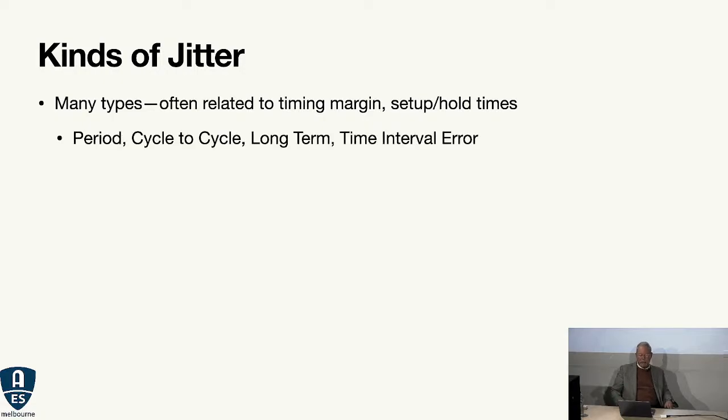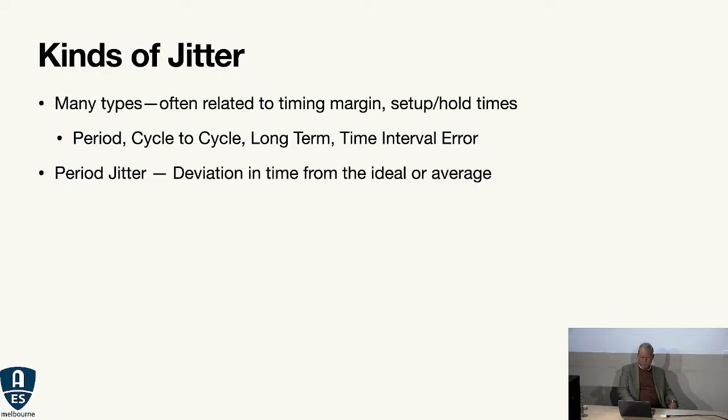So typical types that you'll see: period jitter, cycle to cycle, long-term jitter, time interval error. Everybody seems to have one. They're all very similar. A lot of them are variations on how you measure it or what it's referenced against. The one that is pretty typical is period jitter, which is a deviation in time from either an ideal or, in the real world, from an average frequency.